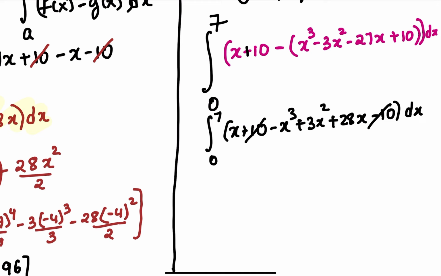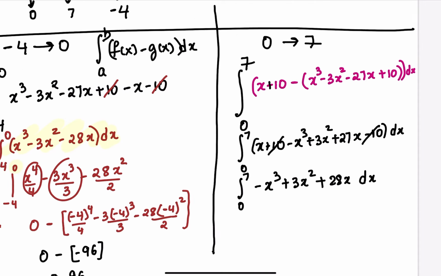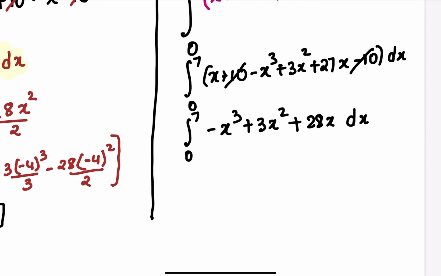Did I already change this to 27? This is 27, not 28. This is 27. Okay, now what I have is the integral from 0 to 7 of negative x cubed plus 3x squared plus 28x dx. And if you look closely, it's exactly the opposite of what we got there.